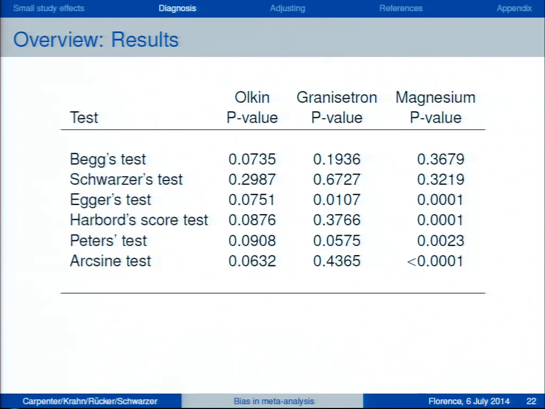So if these tests have low power, they don't find asymmetry in this plot, but the others do. So I would trust the other tests more than the rank correlation tests for this example, because they all show very large asymmetry, and having low power is a good explanation that the tests simply don't see this.